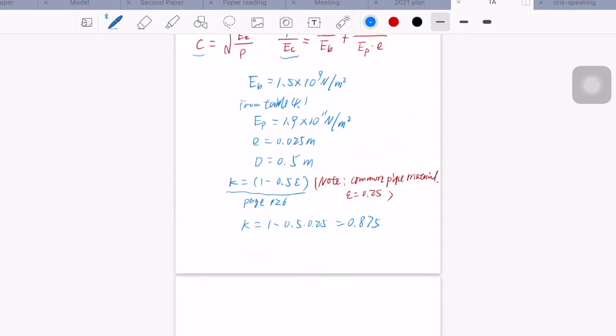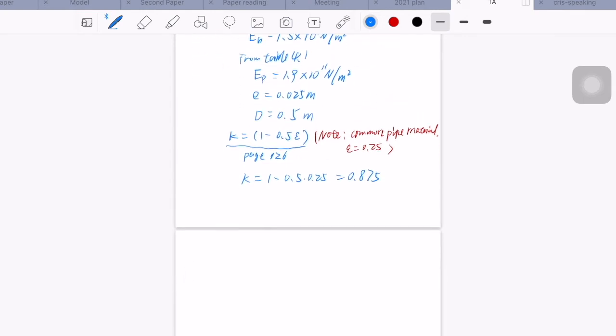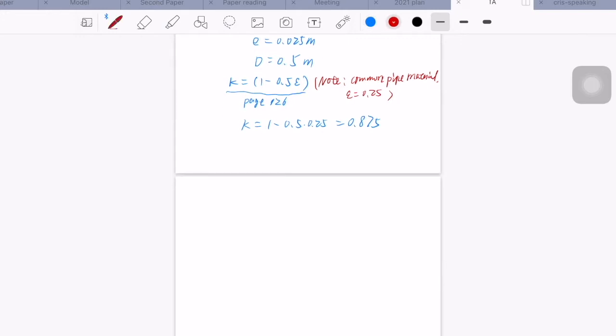So now we can calculate the EC. 1 over the EC equals 1 over 1.5 times 10 to the power of 9 Newton per square meter plus 0.5 times 0.875 divided by 1.9 times 10 to the power of 11 Newton per square meter times 0.025 meter.